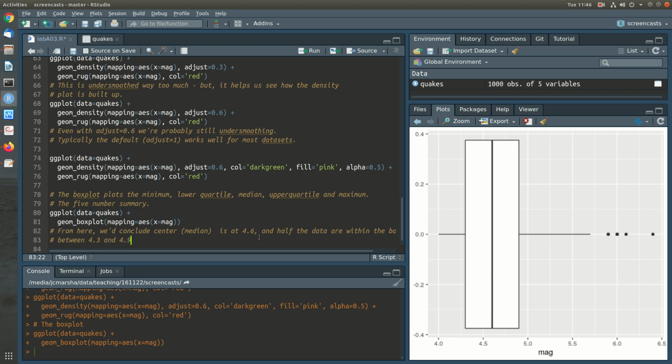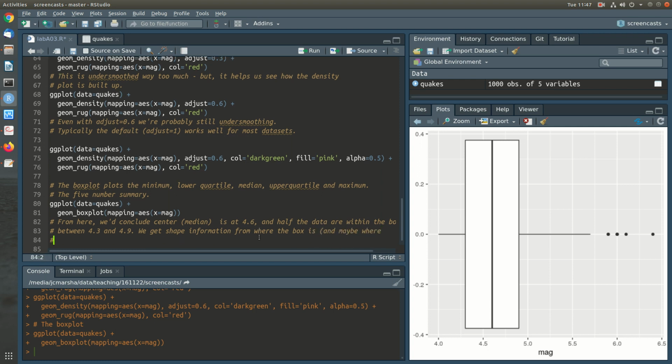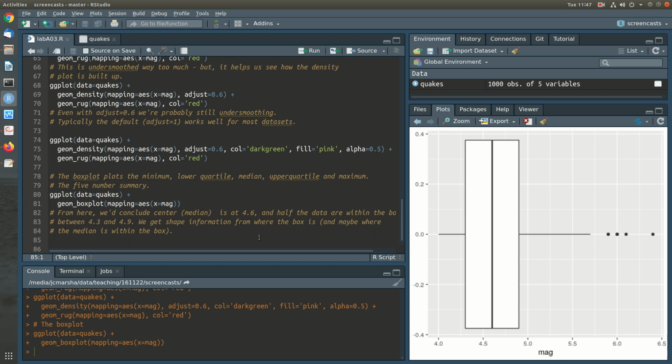And 4.9. Okay, so we can tell that from a box plot as well.